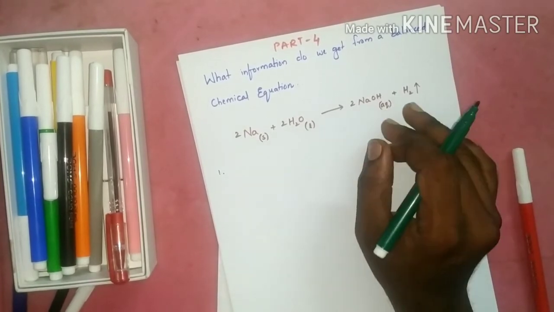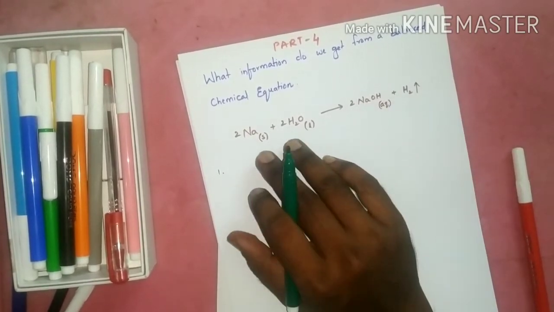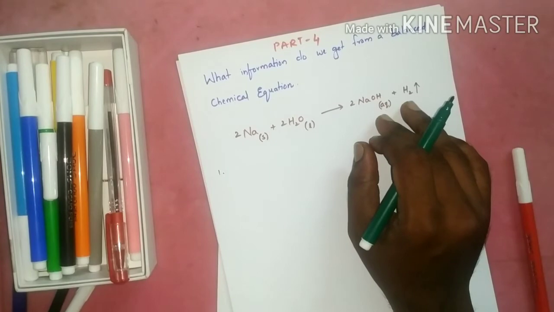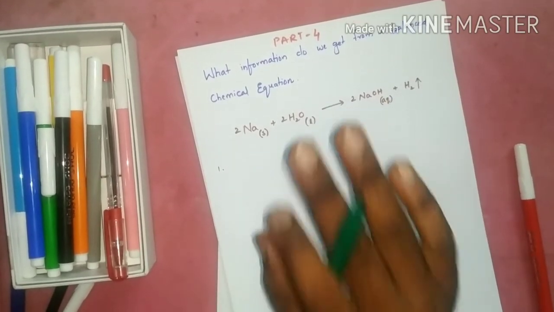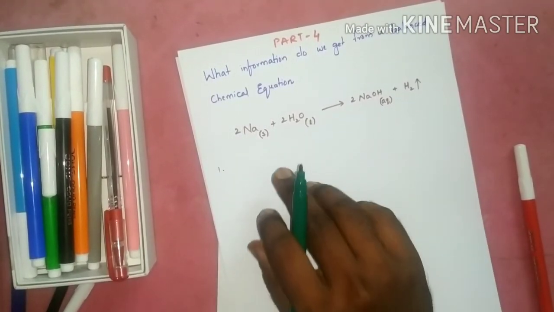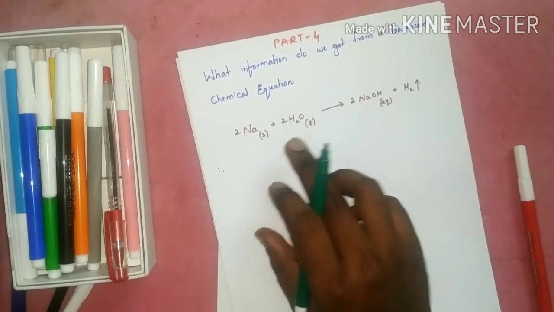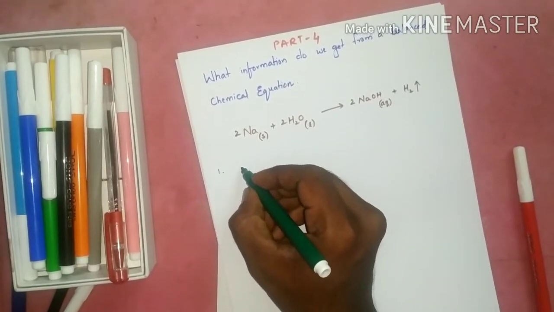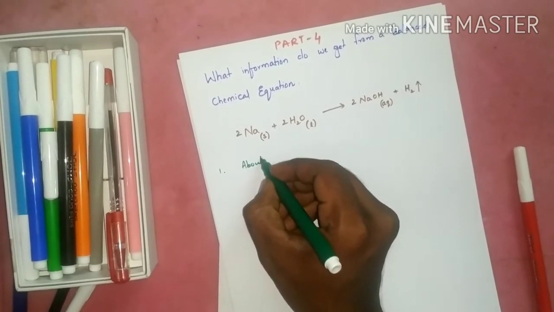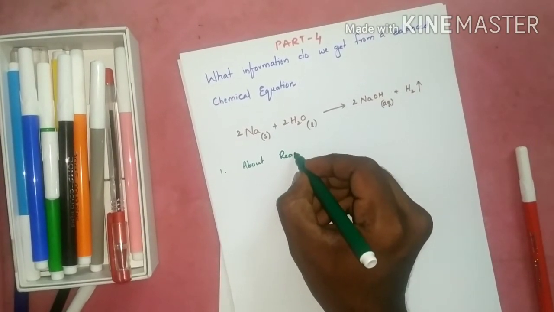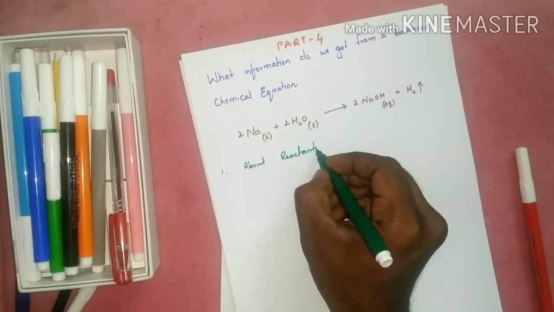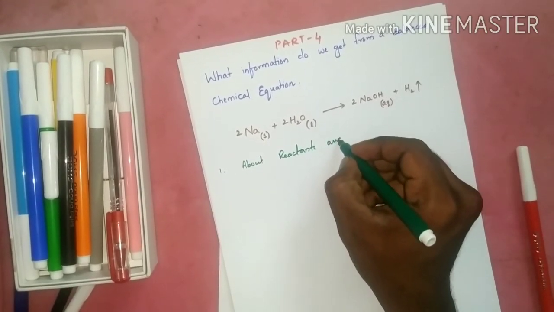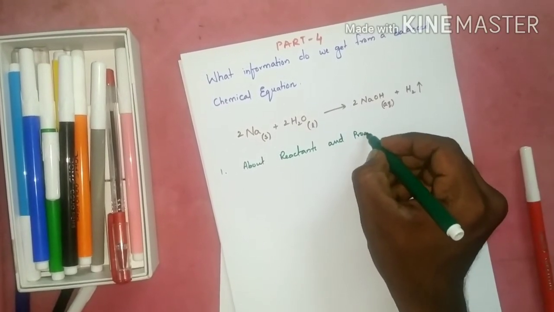So an equation says what the reactants are and what the products are. This is the basic thing we can learn from an equation. That is, it says about reactants and products.